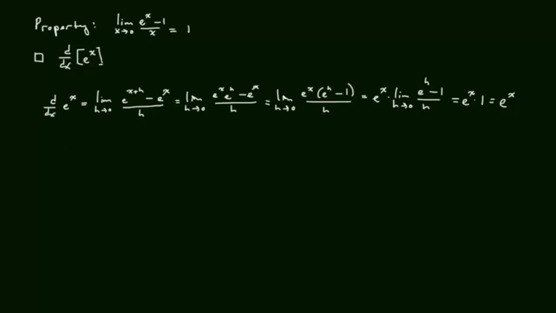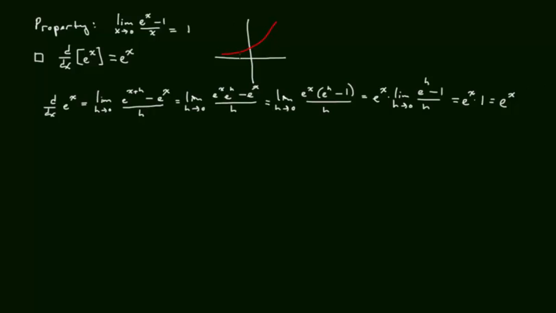The derivative with respect to x of e to the x is itself. Digest that for a minute. Here's e to the x. That's telling me that the slope of the tangent is equal to the value of the function at any value of x.